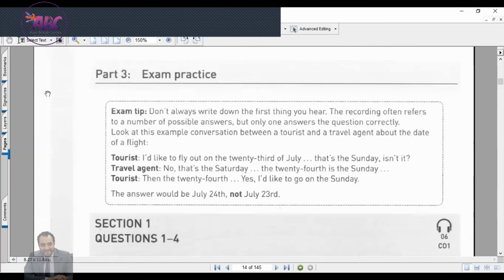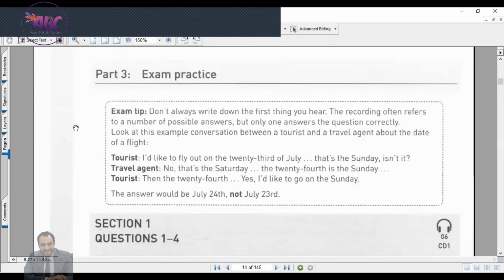Part 3 will be about exam practice. Right here, in part 3, exam practice questions for the same section in part 2. The format is the same as the actual exam. So this part is mainly done to help you become familiar with the question types and the form of the question type that you will face in your booklet.